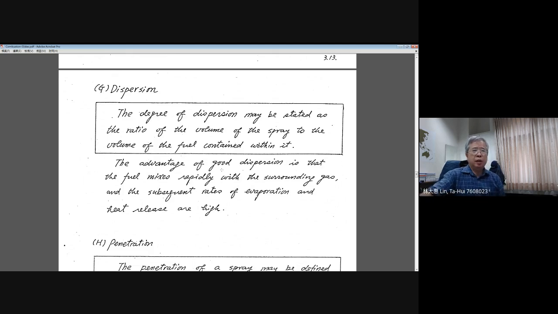A good dispersion is good for fuel mixing rapidly with the surrounding gas, and the subsequent rates of evaporation and heat release are high. Good dispersion means the degree of dispersion should be small, and this is good for mixing and further for the combustion process.